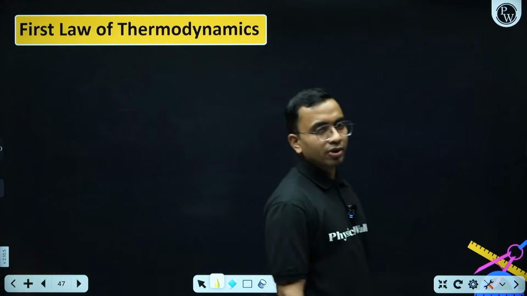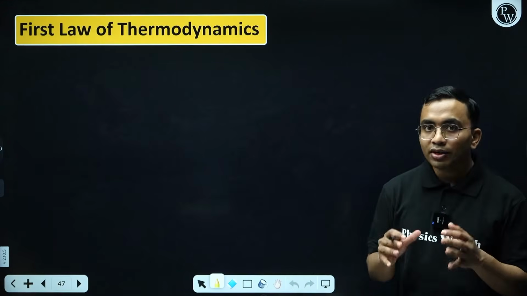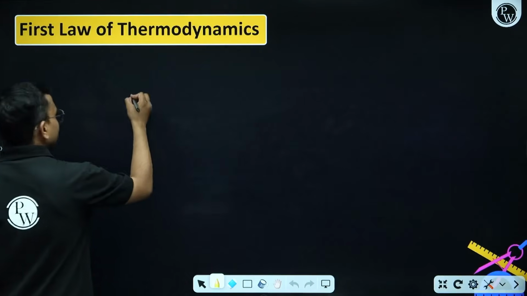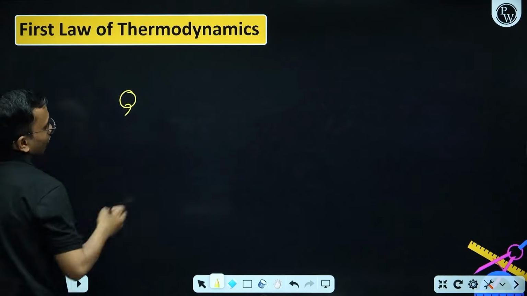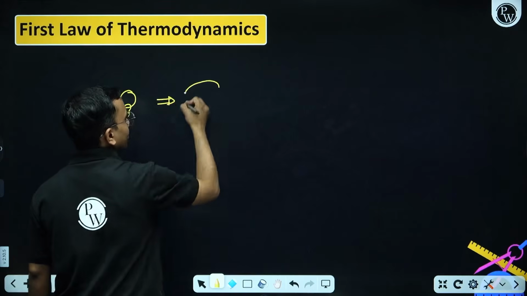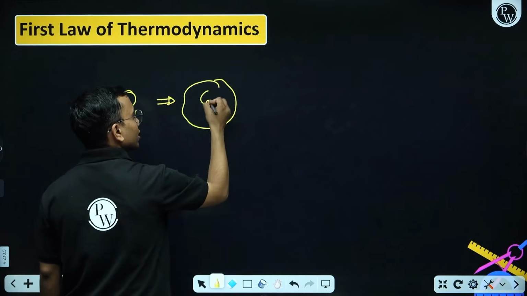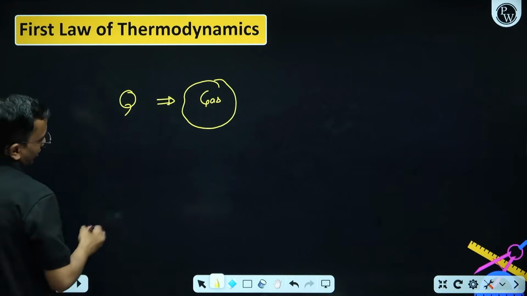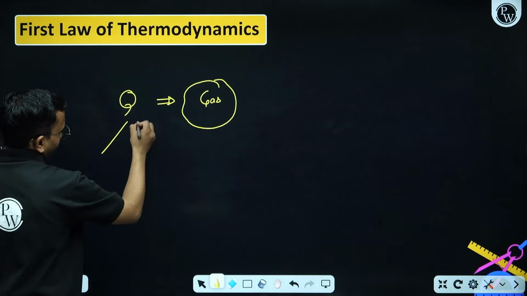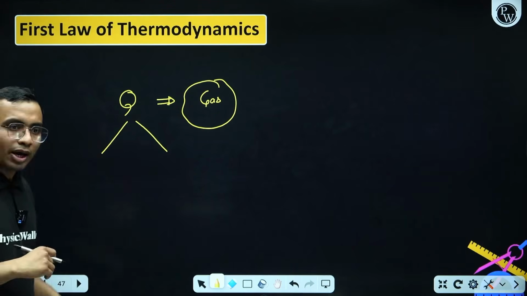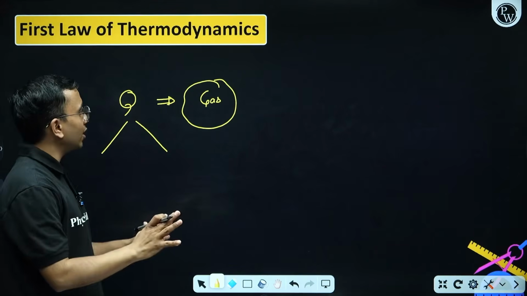Now the first law of thermodynamics states that if we are giving Q amount of heat to a gas, then this heat will be utilized in two ways. Some part will go as the change in internal energy of the gas.